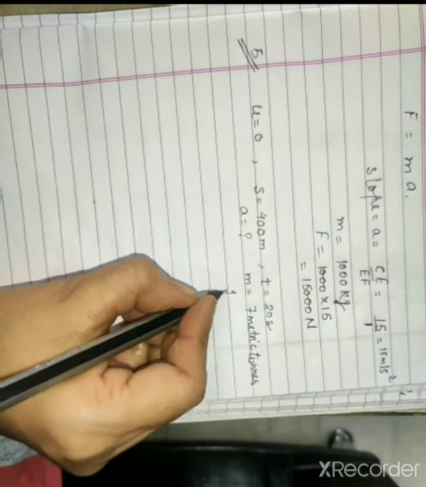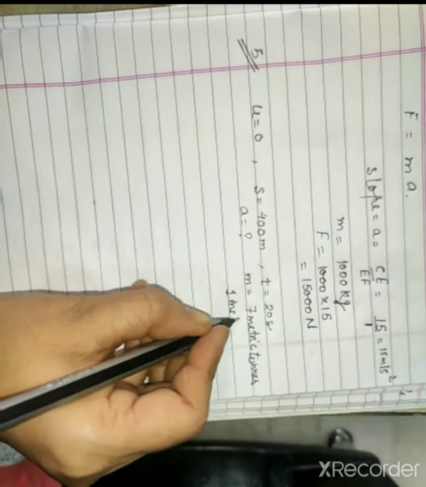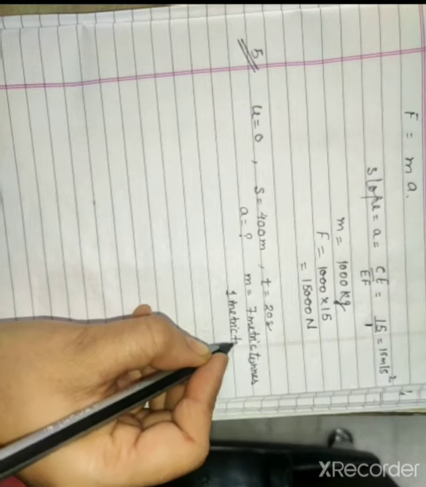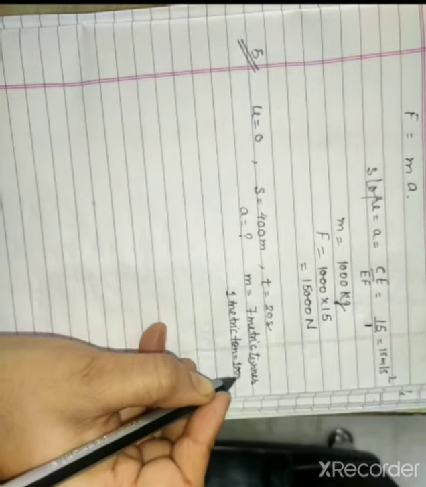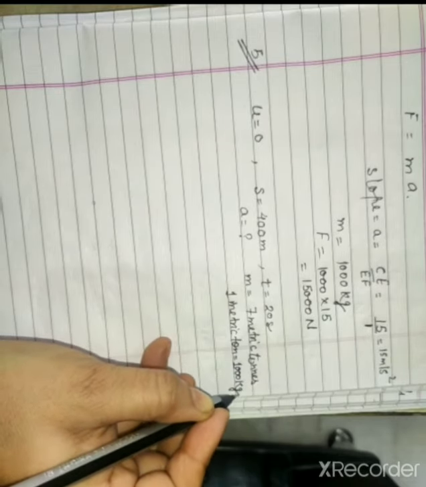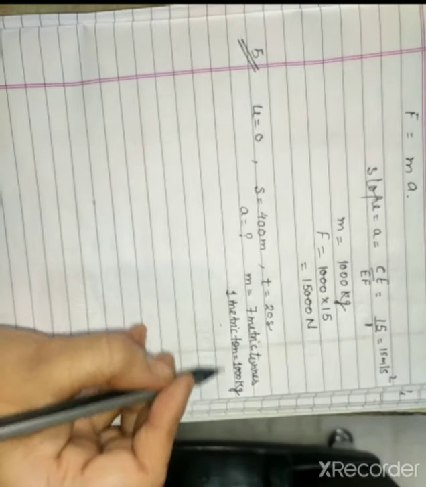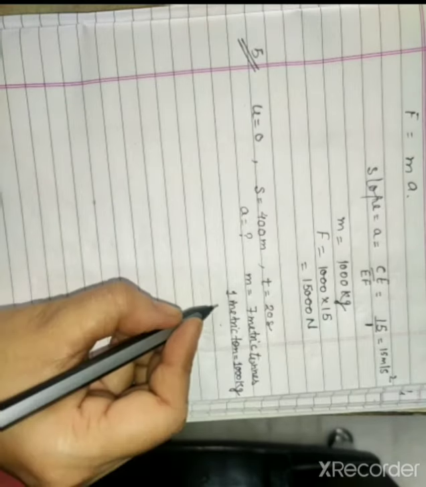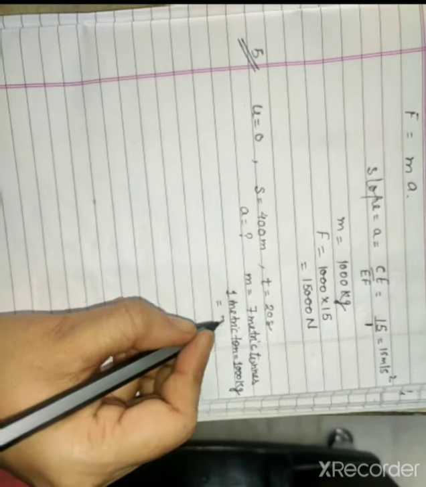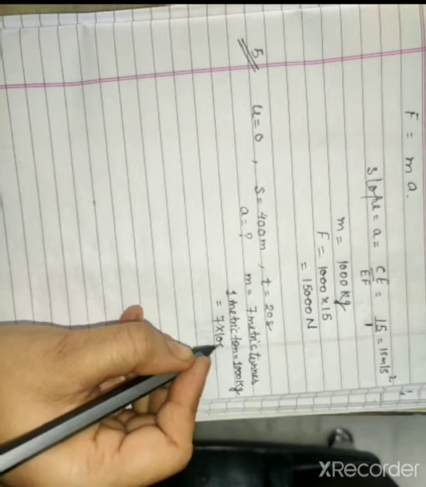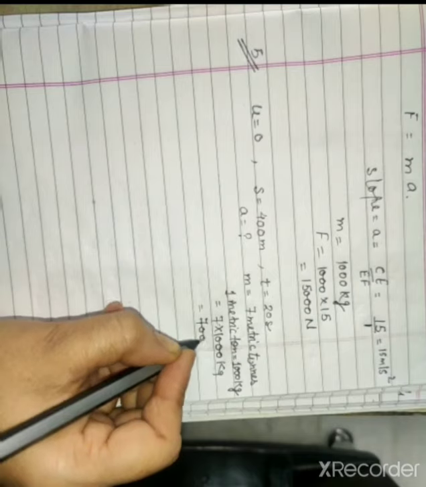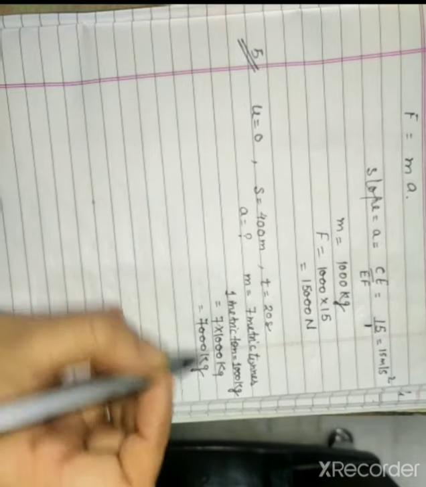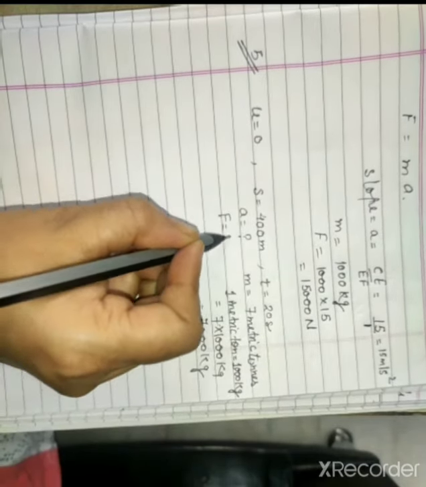If not, then 1 metric ton is equal to 1000 kilogram. That means the mass of the truck is 7 into 1000, which is 7000 kilogram. Now we have to find the force as well as acceleration.